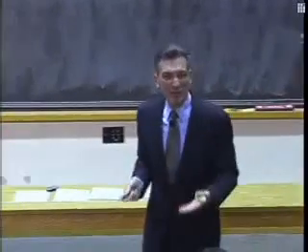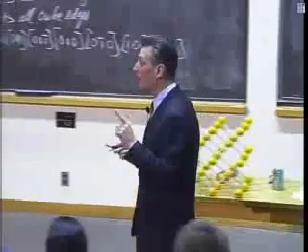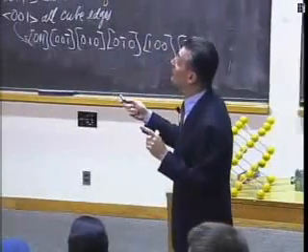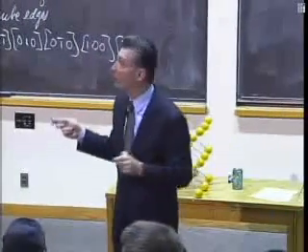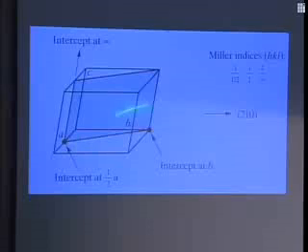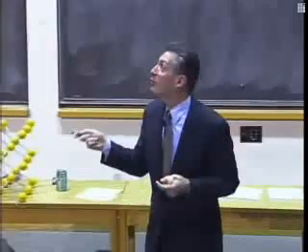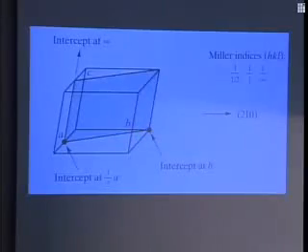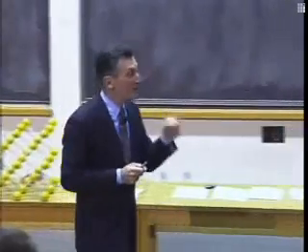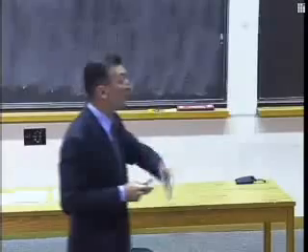And who wants to have infinity? So now you see the wisdom of Miller. Miller said, let's describe this in terms of the reciprocals. What's the reciprocal of a half? It's 2. What's the reciprocal of 1? It's 1. And what's the reciprocal of infinity? 0. So we can describe this plane as the 2, 1, 0 plane. Whenever you see a 0, whatever place the 0 lies, that means that plane is parallel to that axis.